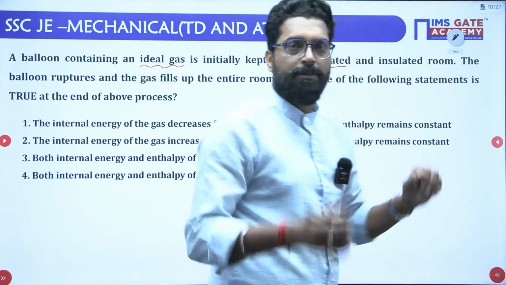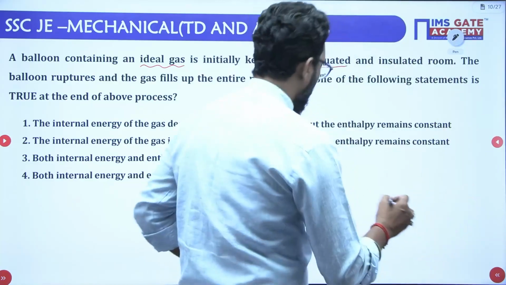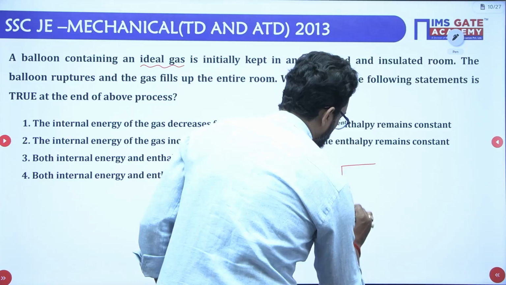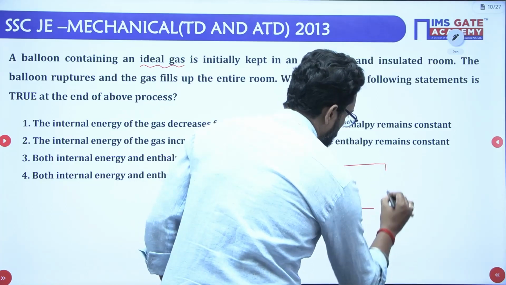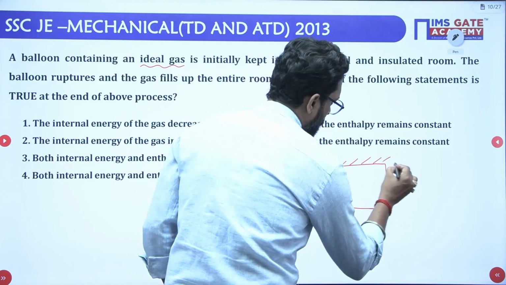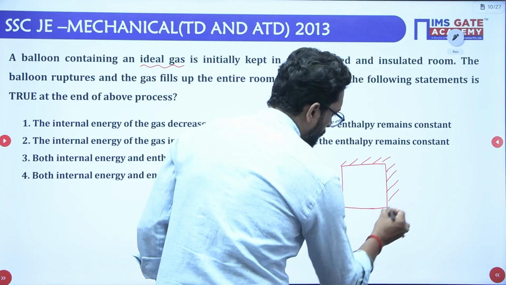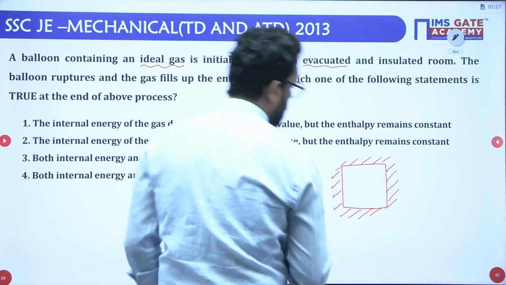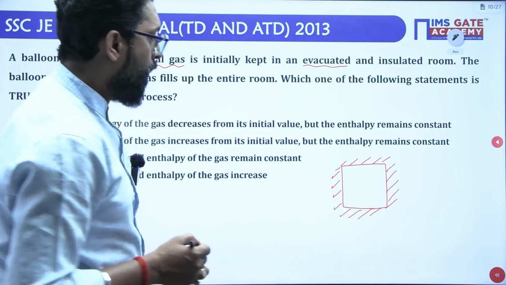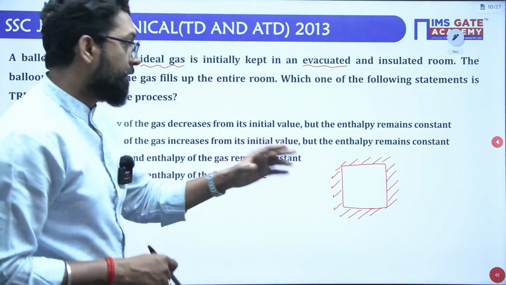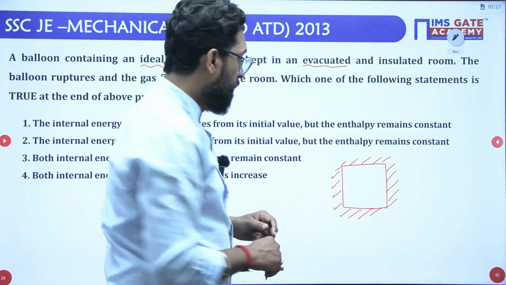Evacuated and insulated room. That means there is a chamber. Let's suppose this is a chamber, and this chamber is insulated. That means there is no chance of heat transfer. And also there is no volume. Evacuated, that means there is no pressure in this one.